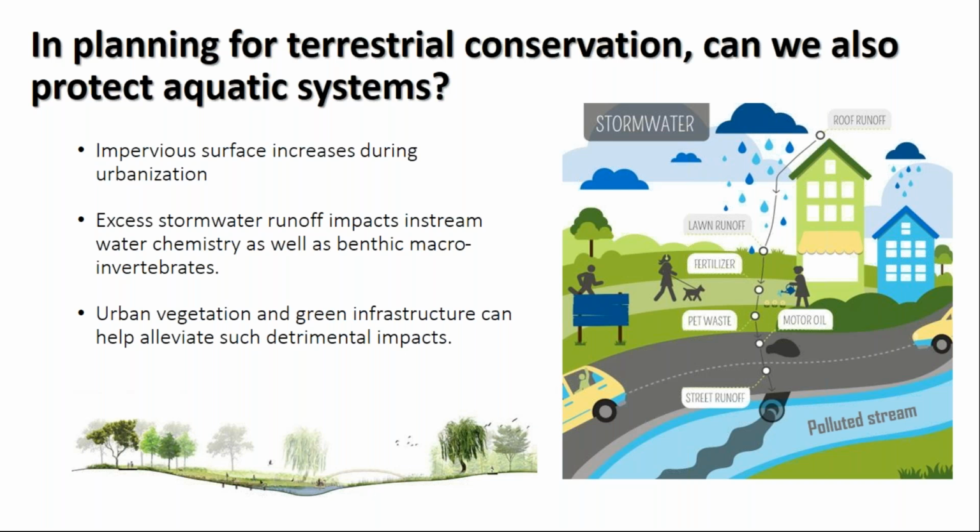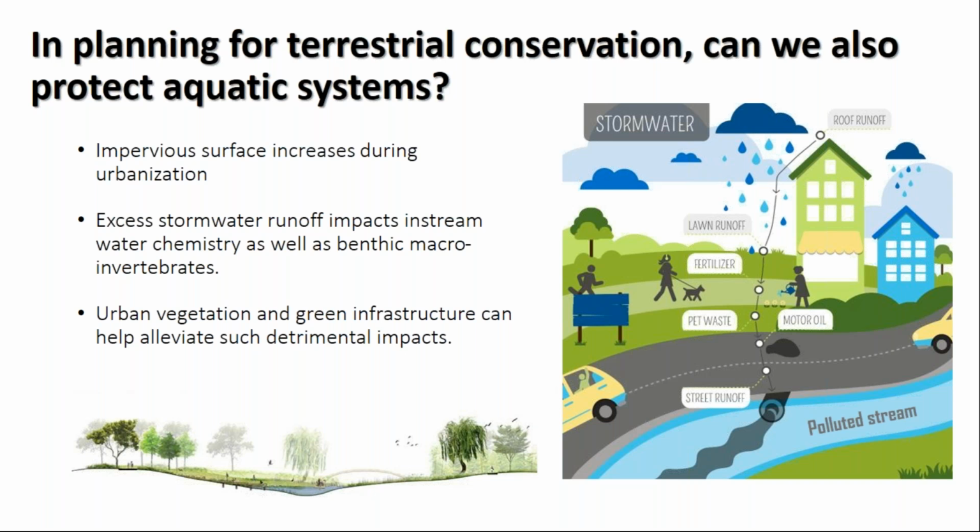And so, as Josephine mentioned, we know that increasing levels of impervious surfaces in urban systems are expanding rapidly, and this can lead to problems with excess stormwater runoff that impacts water chemistry as well as stream biota. And we know that urban vegetation and green infrastructure more generally can help alleviate the impacts of expansion of impervious surfaces.